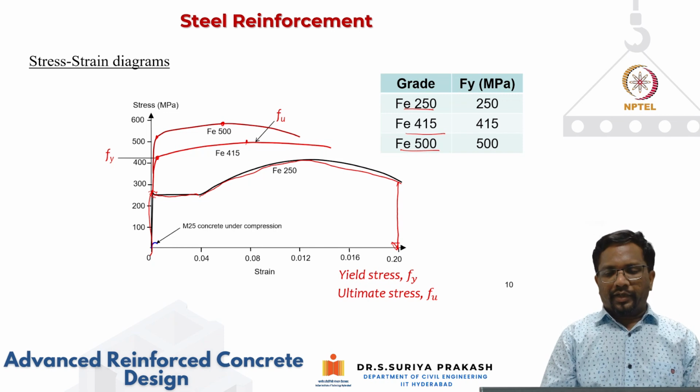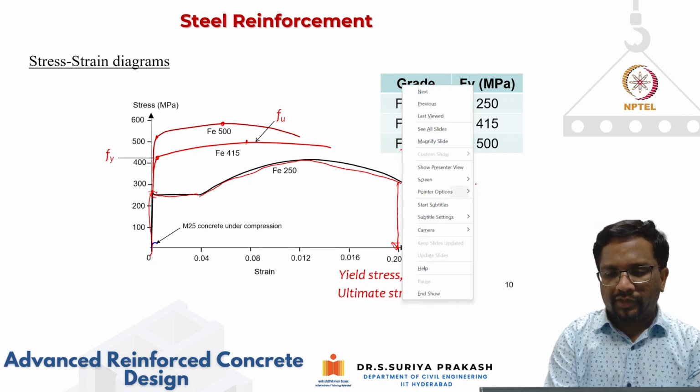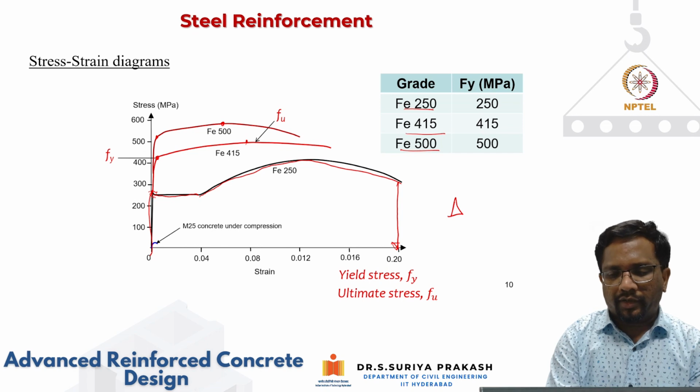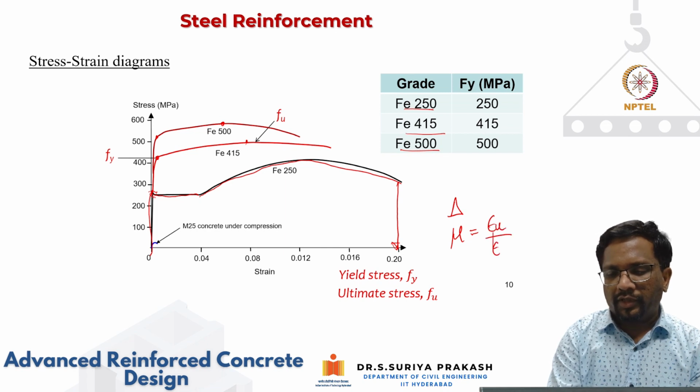Again, ductility can be defined as a ratio: if we define ductility as delta or mu, we can define that as epsilon u divided by epsilon y.